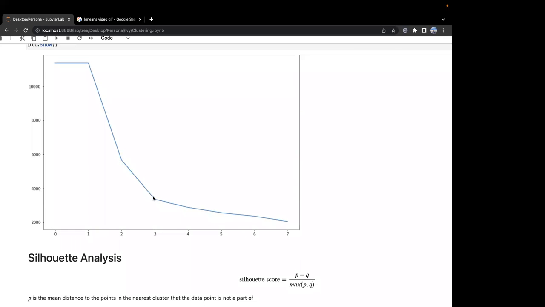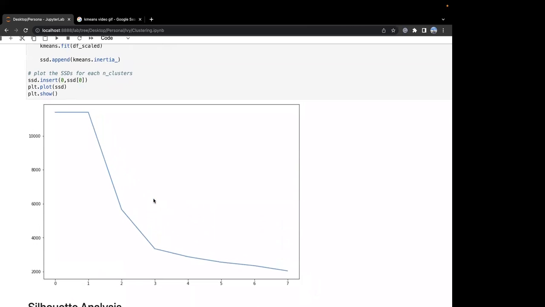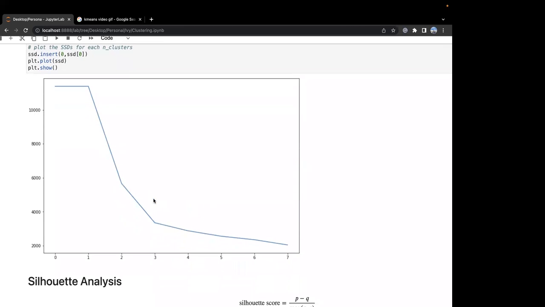Then you further increase number to 3. There was also a significant drop in your distortion. But 3 to 4 जब आप गए तो आपका distortion did not decrease significantly. Is that making sense, everyone? Yes or no? Guys online, everyone? Elbow method is the strategy which basically tells you the appropriate number of clusters to choose.